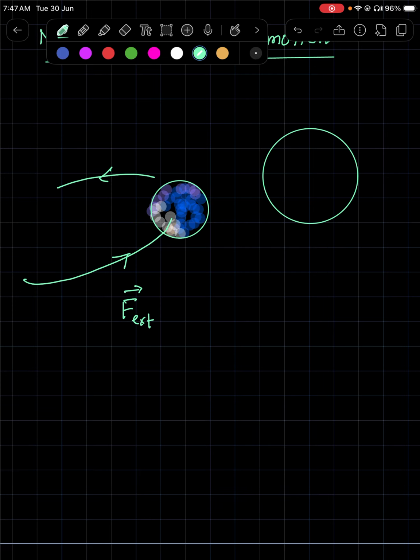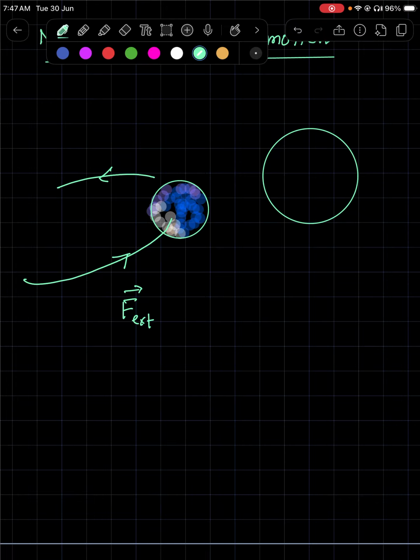Newton's laws are not bothering about the internal force among the matter or the system of particles. The forces which are applied externally on a system of particles, or on one particle, are the ones we are bothering about.